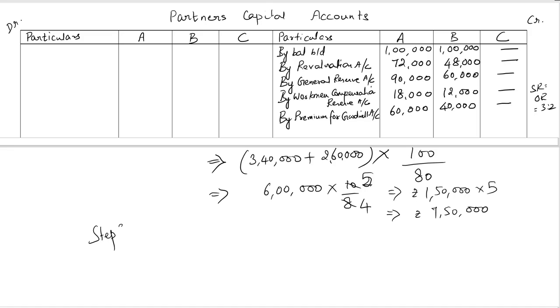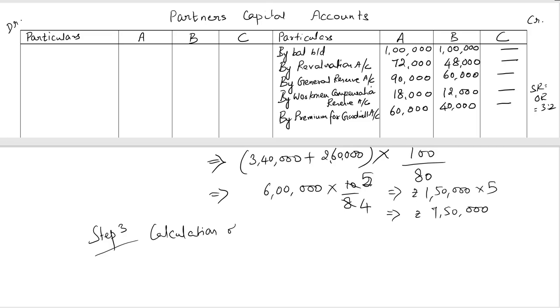Step 3, calculation of capital introduced by partner C. So we have the total capital of the new firm, which is the answer to step 2, 7,50,000 multiplied by C brings in 20% of total capital of the new firm.